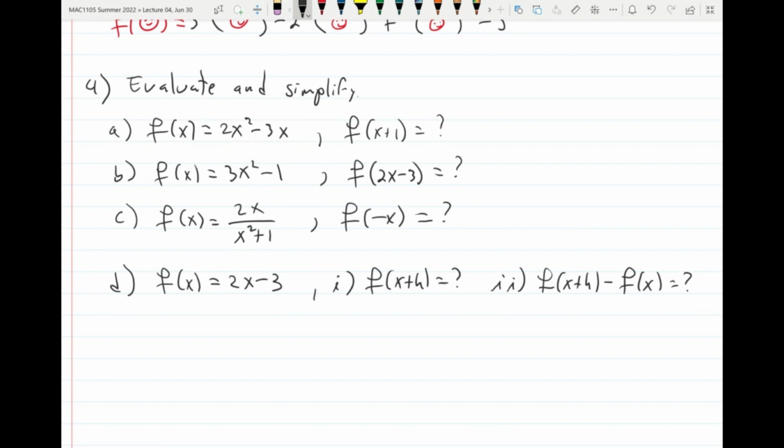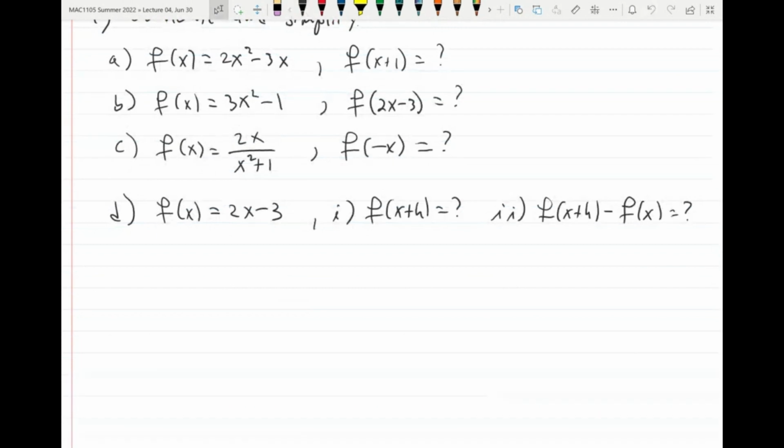All right, so I'm going to do the first one, then I'm going to give you some time to compute the others. Okay? So again, what does this mean? Substitute x with x plus one. Exactly. Go to the function, every place that you see an x, just write an x plus 1. And then simplify. So let's do it.